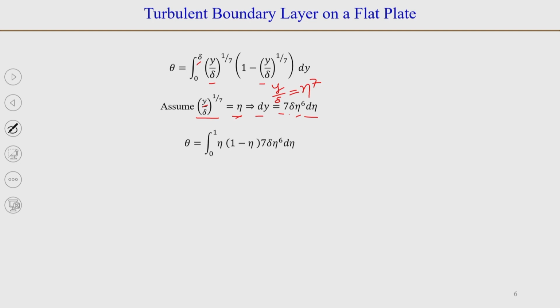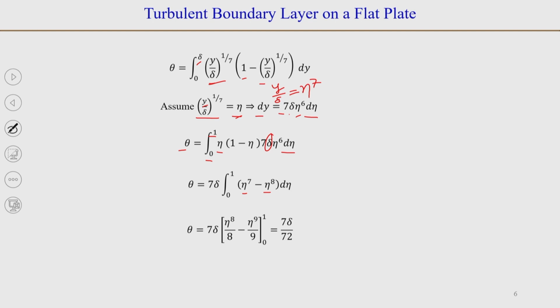So, we will have theta is equal to integral 0 to 1, the limits, and the first term y by delta raised to the power 1 by 7 will become eta. The next term within the bracket will be 1 minus eta, into 7 delta eta raised to the power 6 d eta. Now, delta is the boundary layer thickness, so it is constant with respect to y, and 7 is a constant. So, we can bring them out, and within the bracket you can have eta raised to the power 7 minus eta raised to the power 8 d eta.